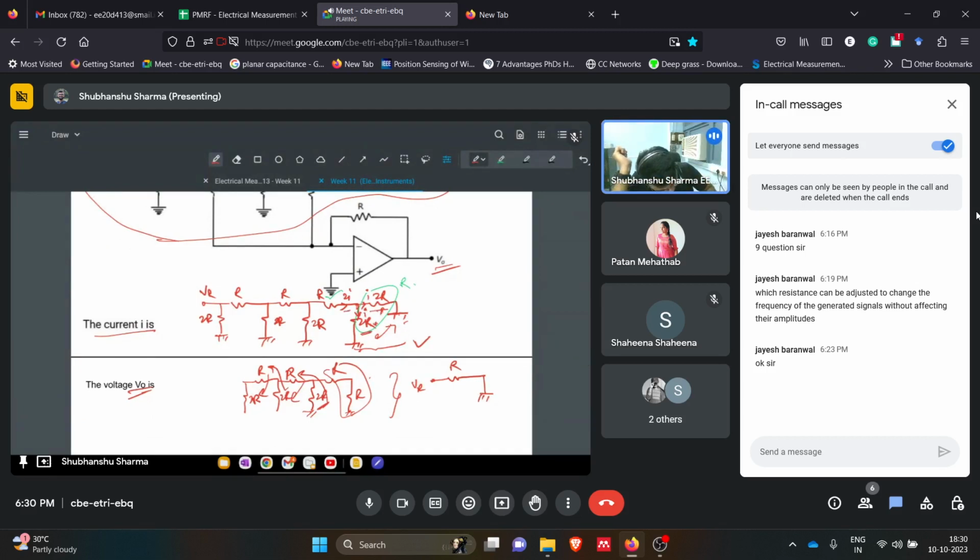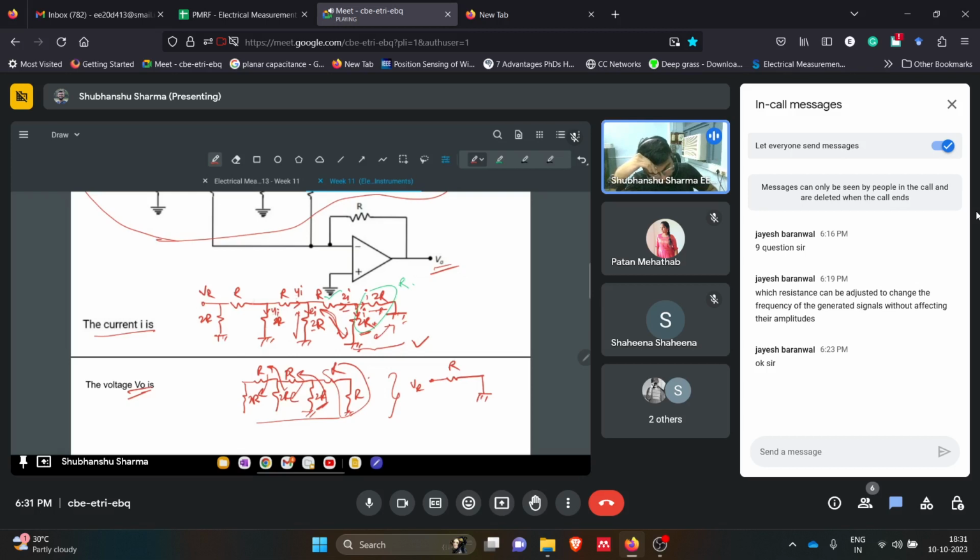So this is 2I. We also know from this simplification this was 2R and this was also 2R, so the equivalent resistance of this branch and this branch is the same, that is 2R. So this is 2I, here 2I, so total 4I coming into this branch. Then similarly the same thing for this branch.